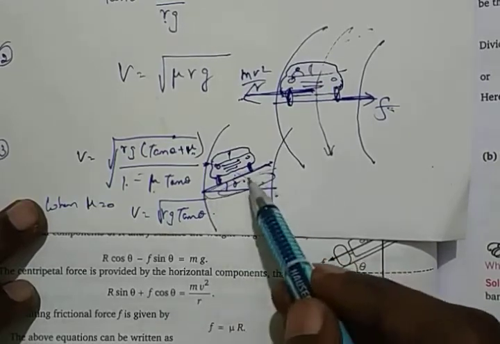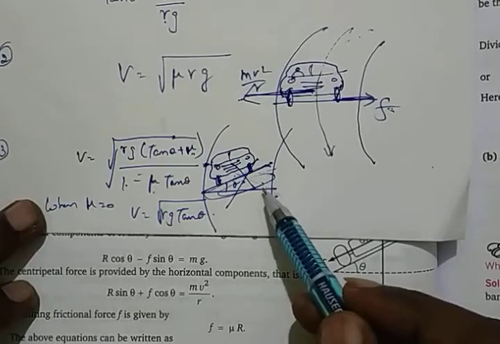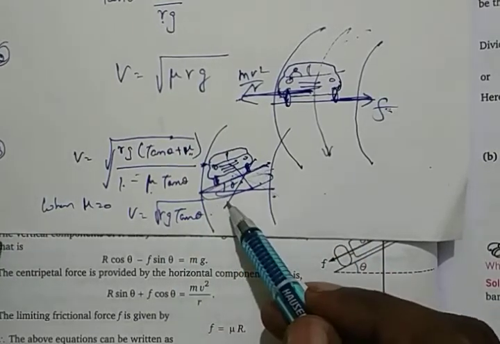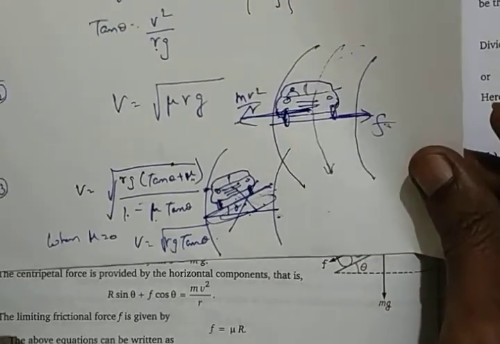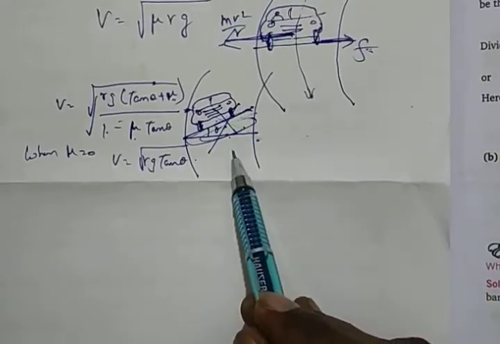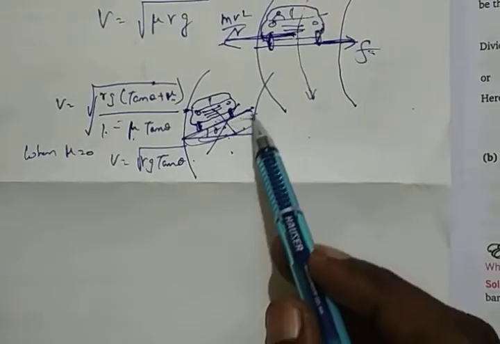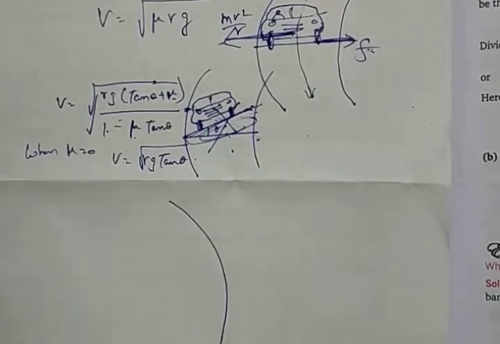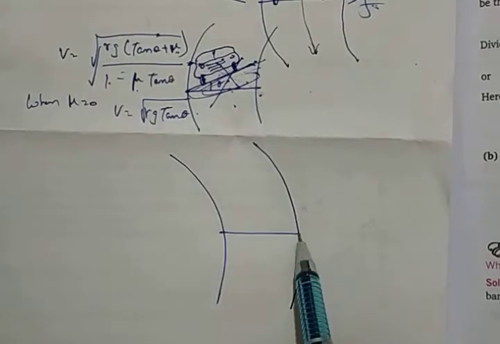So don't think you can bank it anywhere in the diagrams. A bad example will give you a good lesson also. So how does banking actually work? When it is a curved path, the curve should be like this, and then it banks like this.